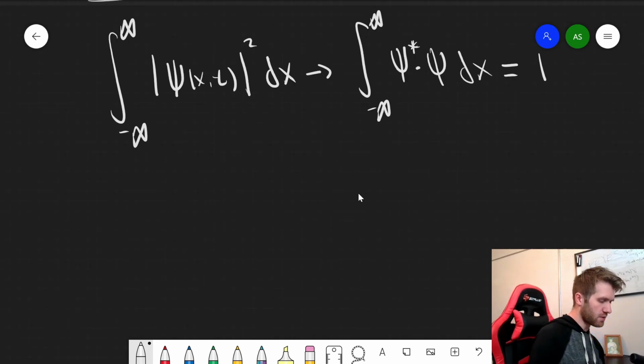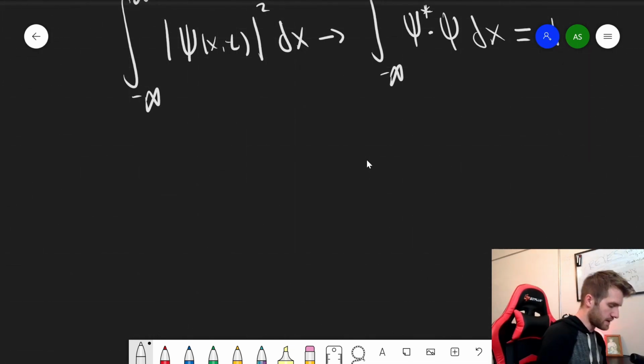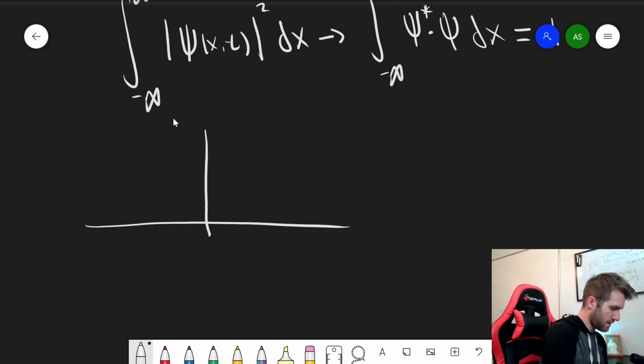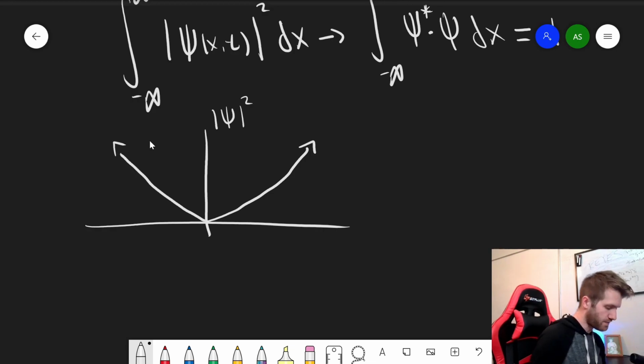So what does that look like pictorially? Well, we can take some wave function, and let's say we have some parabola that is just extending out to infinity without bound. Well, if it's forever diverging and extending out to infinity, then we have a non-normalizable state.